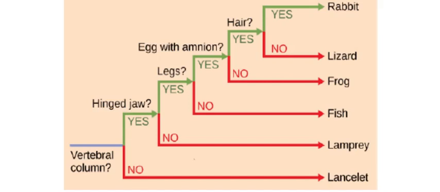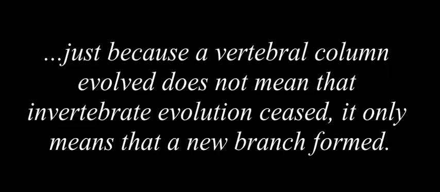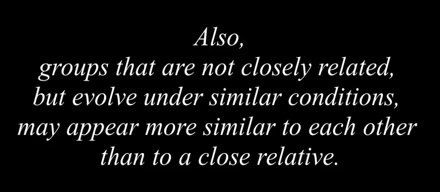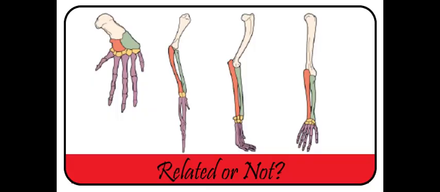So, for the organisms in Figure 12.5, just because a vertebral column evolved does not mean that invertebrate evolution ceased. It only means that a new branch formed. Also, groups that are not closely related but evolve under similar conditions may appear more similar to each other than to a close relative. In our next video, we'll read section 12.2, Determining Evolutionary Relationships.